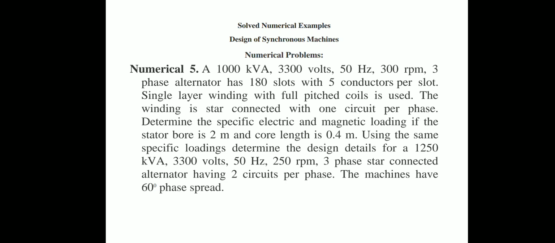Determine the specific electric and magnetic loading if the stator bore is 2 meter and core length is 0.4 meter. Using the same specific loadings, determine the design details for a 1250 kVA, 3300 volts, 50 Hz, 250 rpm, 3-phase star connected alternator having 2 circuits per phase. The machines have 60-degree phase spread.